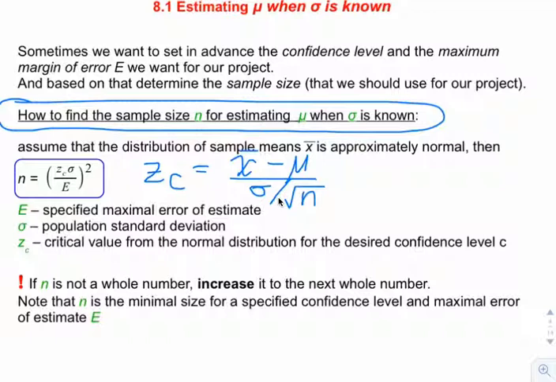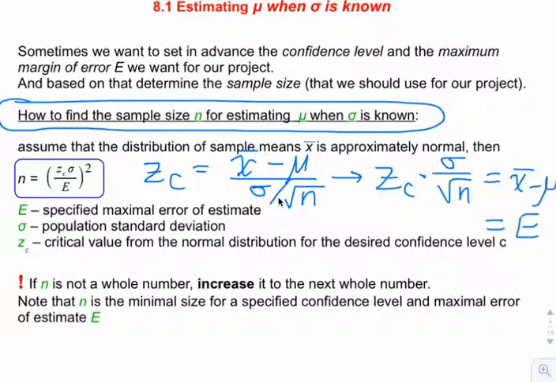We then got that ZC times sigma over the square root of n is x bar minus mu. This is what we were calling E. Okay, so we have ZC times sigma over square root of n equals E.